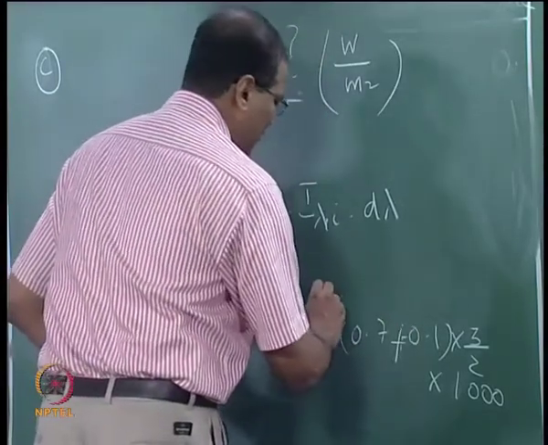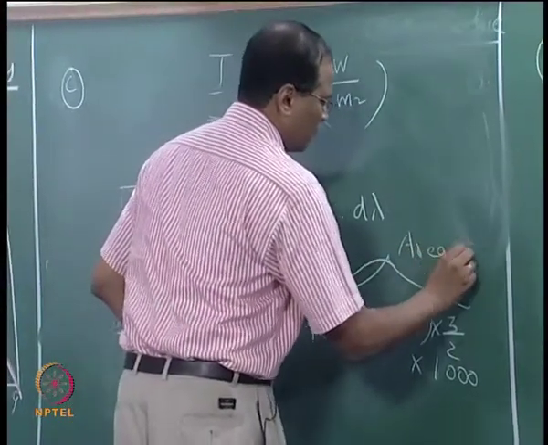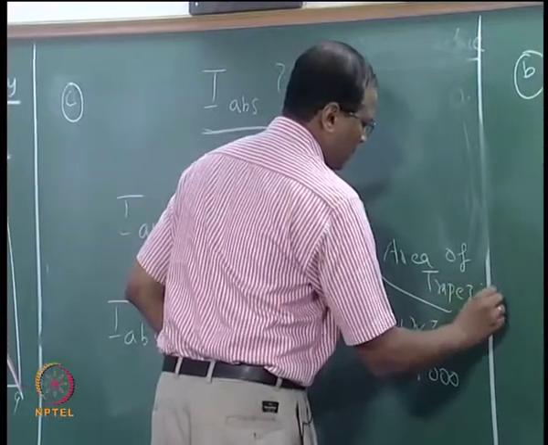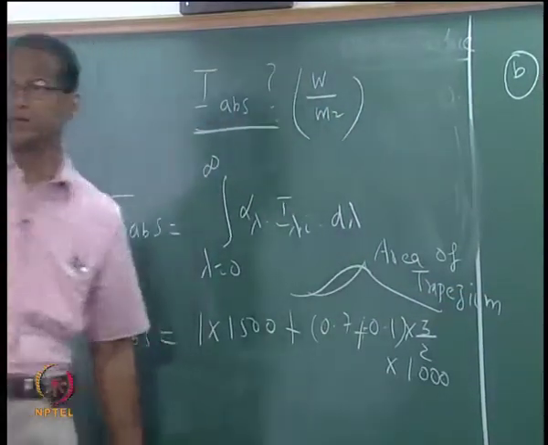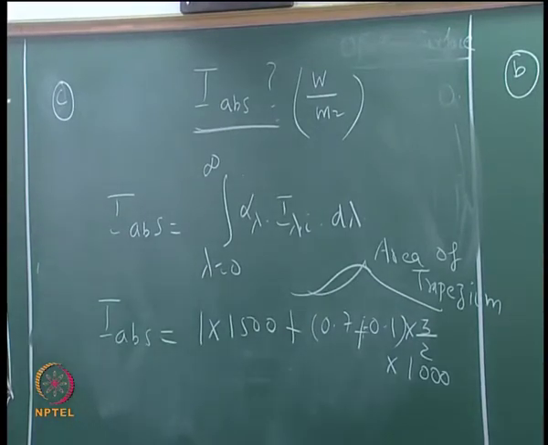This is the, because it is varying. Now I can complicate matters by having a varying alpha and a varying I lambda.